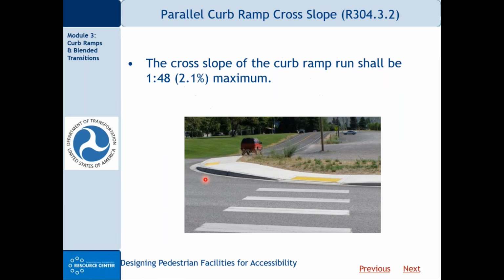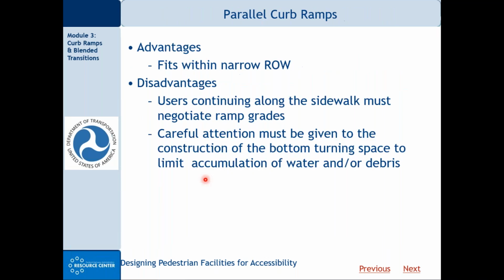What about parallel curb ramp cross slope? The final rule says the cross slope of the curb ramp run shall be 2.1% maximum. The main advantage of parallel curb ramps is that they fit within narrow right-of-way.